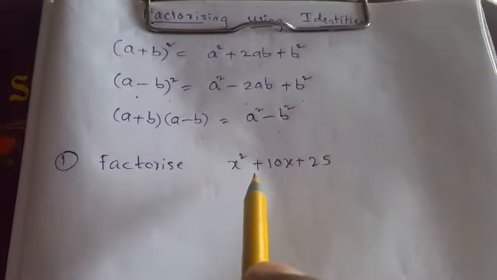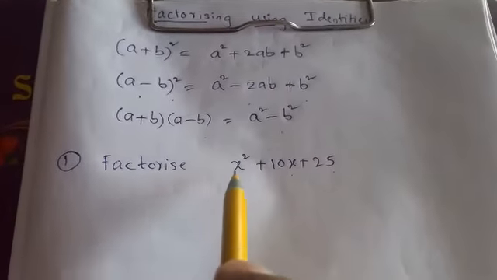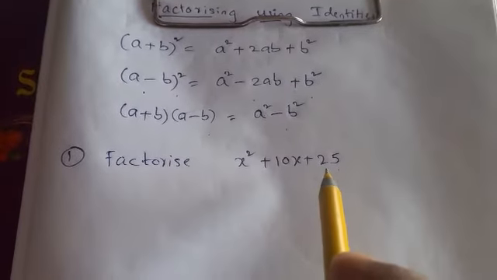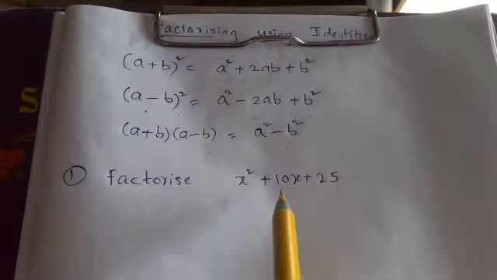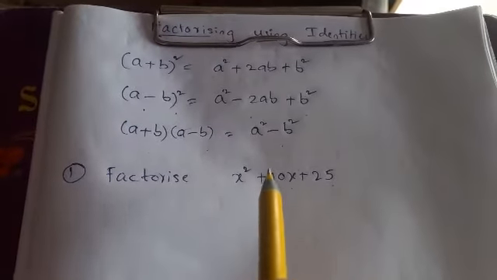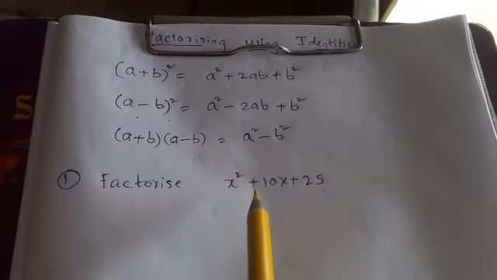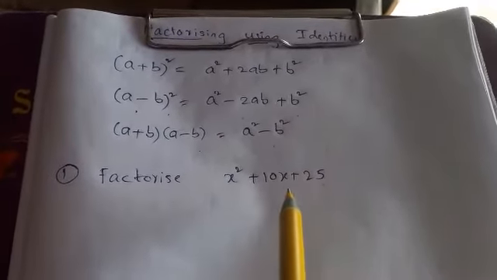To factorize this, we don't have any common factor of these three terms, and we cannot regroup these three terms. So let us use the identities. First, observe which identity can be used here.